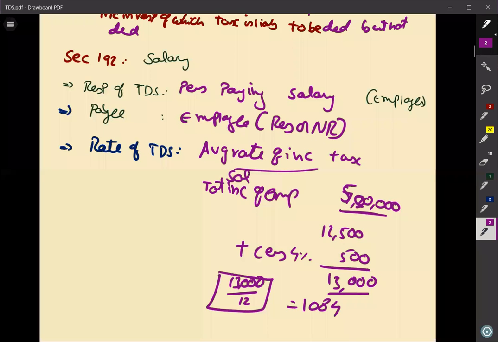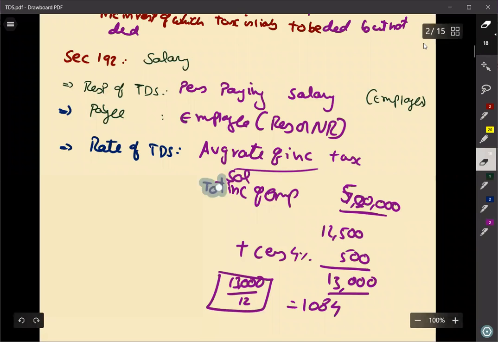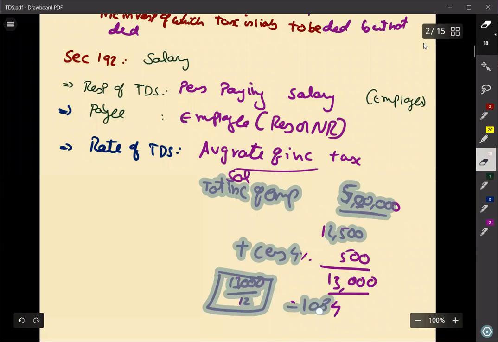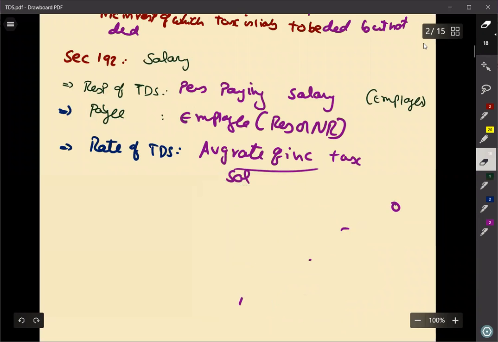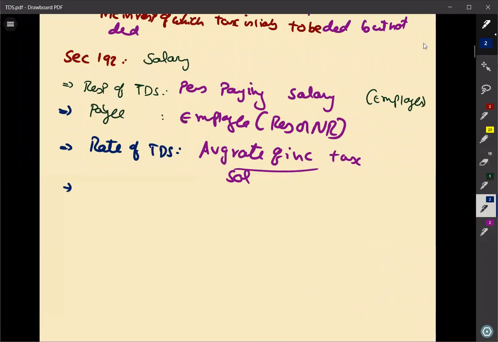The next question is when we are supposed to deduct. That is another important aspect we need to consider. Let us see when the TDS has to be deducted.